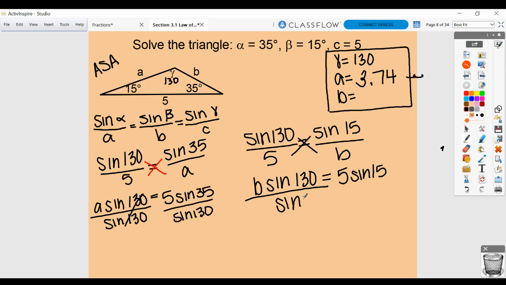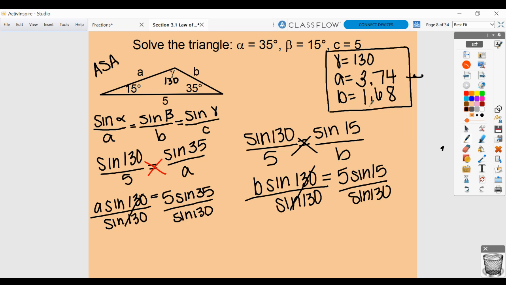Divide by sine of 130. And then you can put that in your calculator. So 5 sine 15 divided by sine 130. And you should get 1.68.